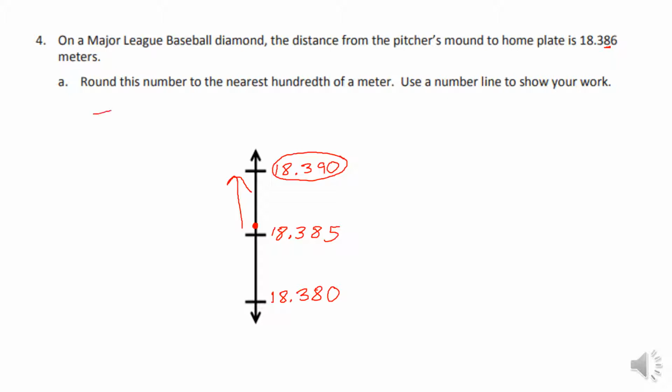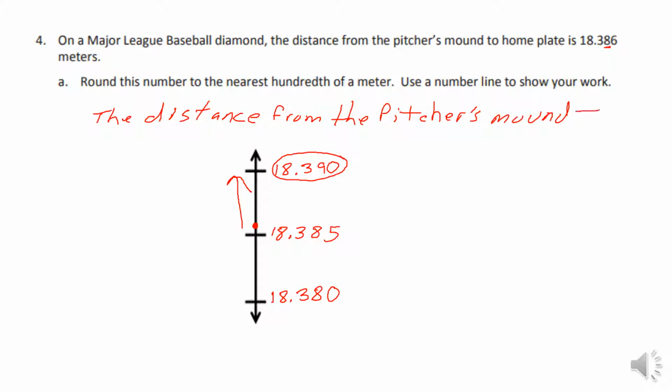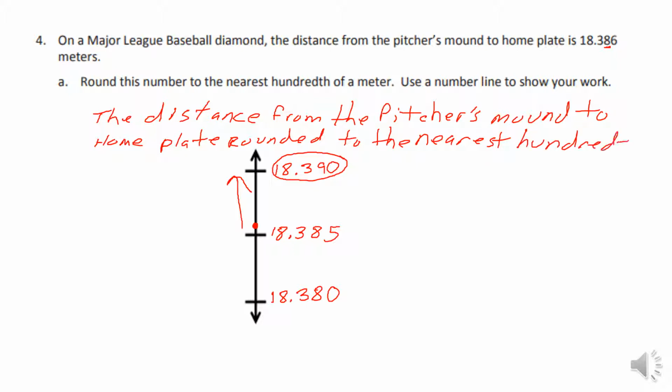So the distance from the pitcher's mound to home plate rounded to the nearest hundredth is 18 and 39 hundredths. Remember, I put that 0 in there just so you can see the 5 relationship.